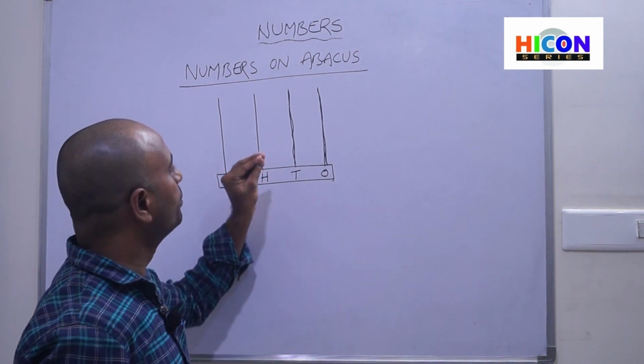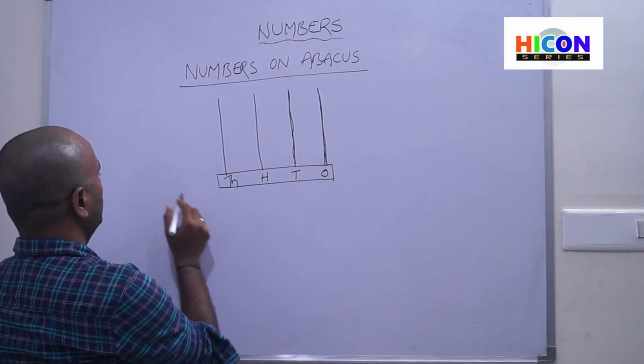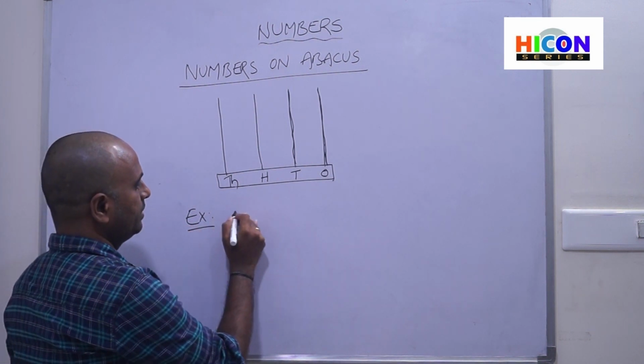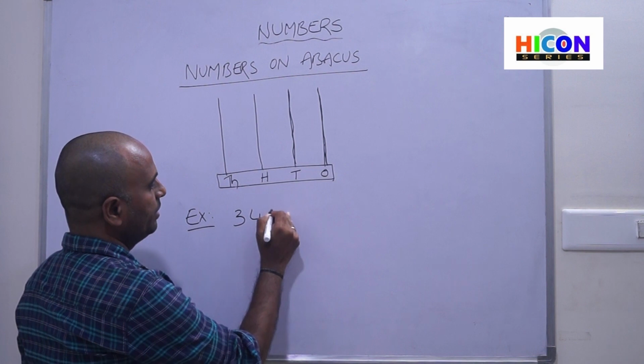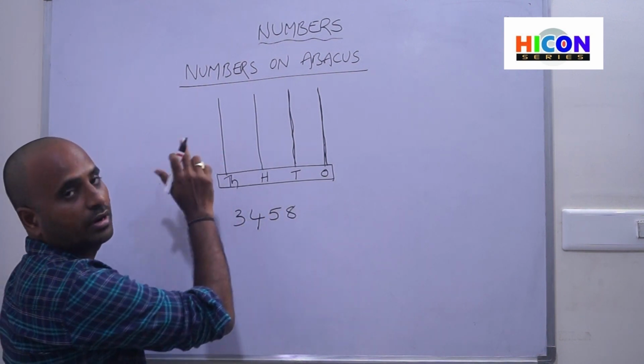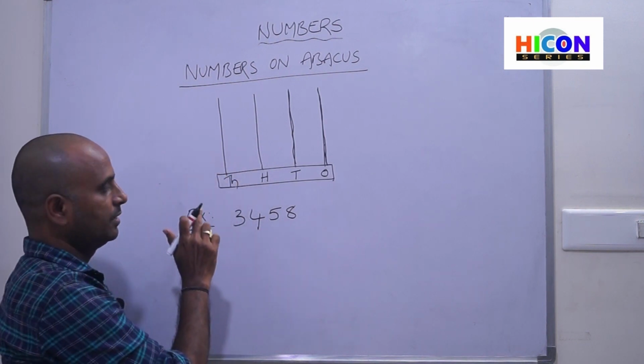The digits in a number can be represented by using beads. Let us take an example: represent this number, 3458, on the abacus. How to represent this number on the abacus?